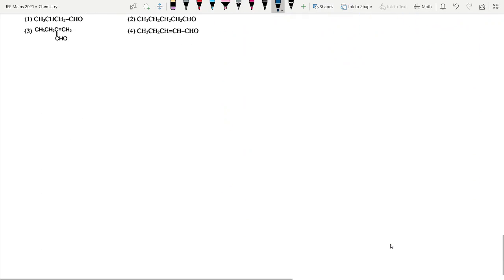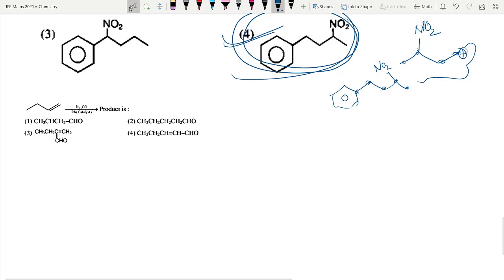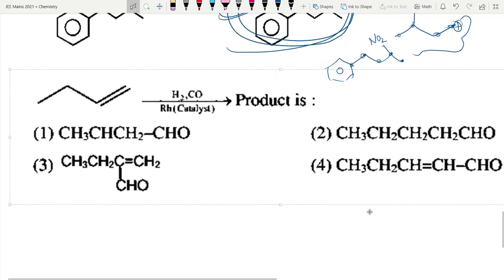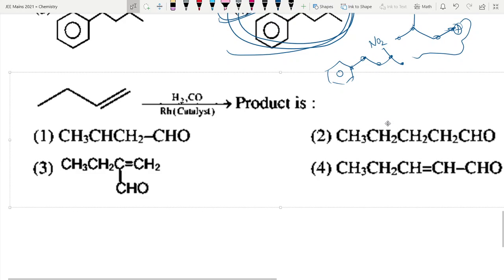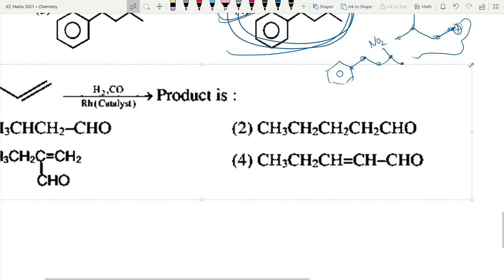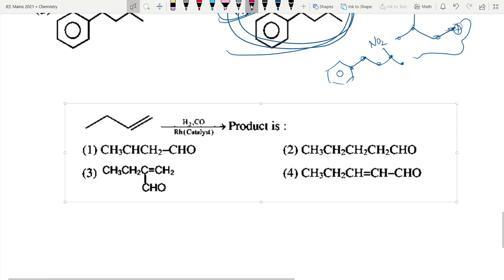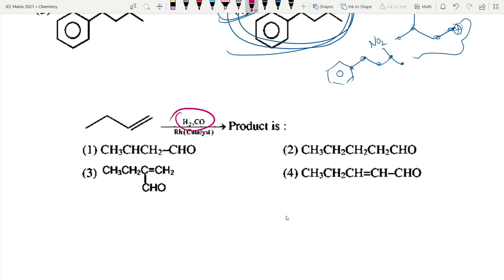Great. And this is the last one. What is this about? Okay, you have carbon monoxide and hydrogen, and this catalyst, hydroformylation, guys. Hydroformylation.